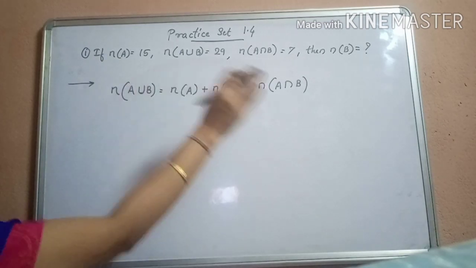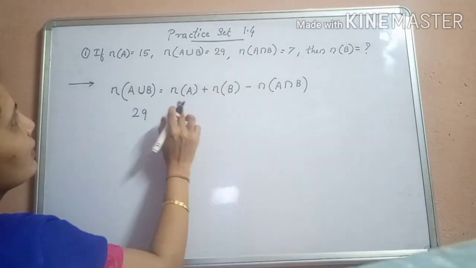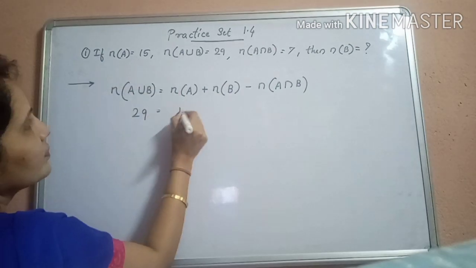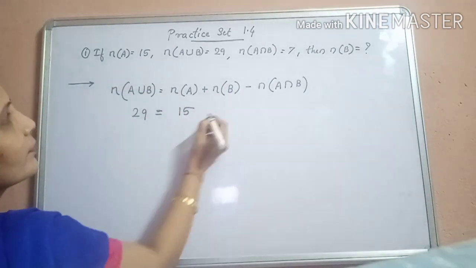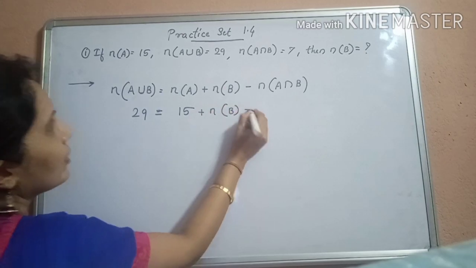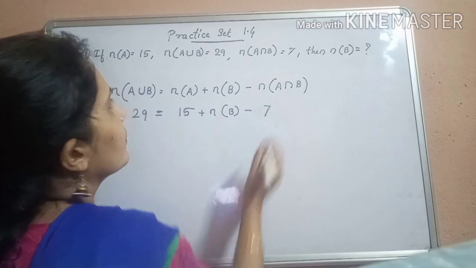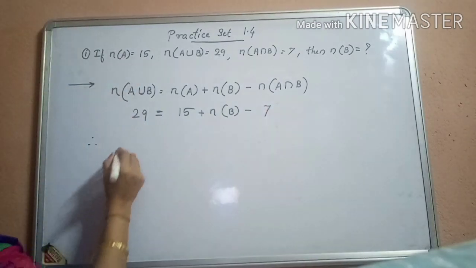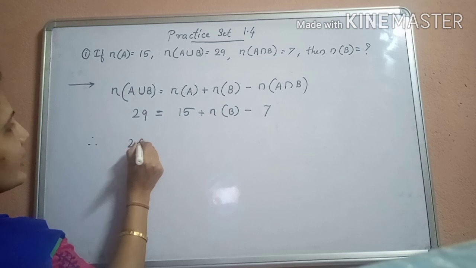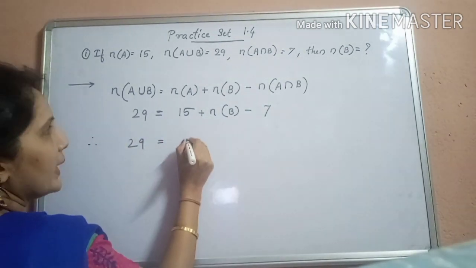I will substitute all the possible values. Union B is 29, A is 15 plus number of elements in B, which is to be found out, minus intersection 7. Now 29 as it is, 15 minus 7 becomes 8.